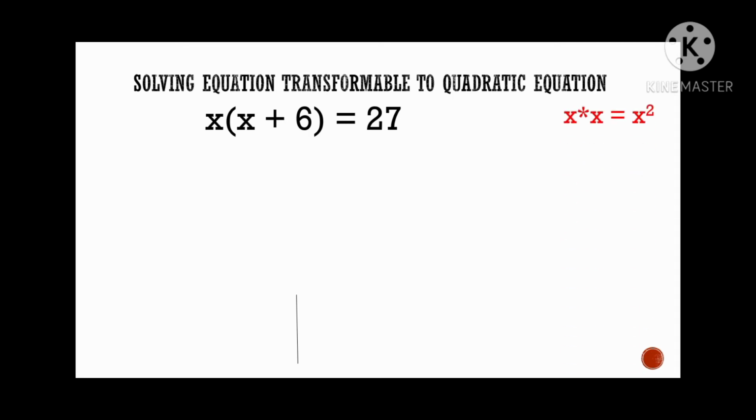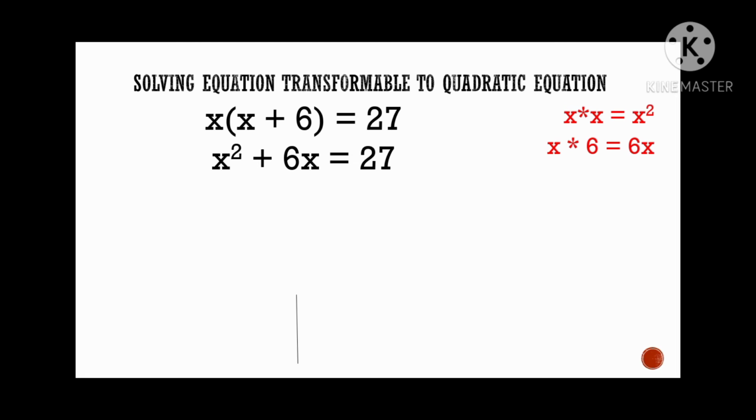So the first one is x multiplied by x. And ang product nila is x squared. Next is x multiplied by 6. So that is 6x. So we have now the equation x squared plus 6x is equal to 27.